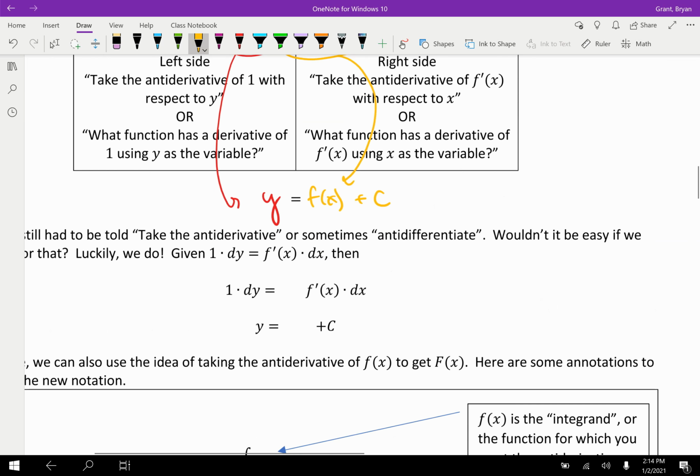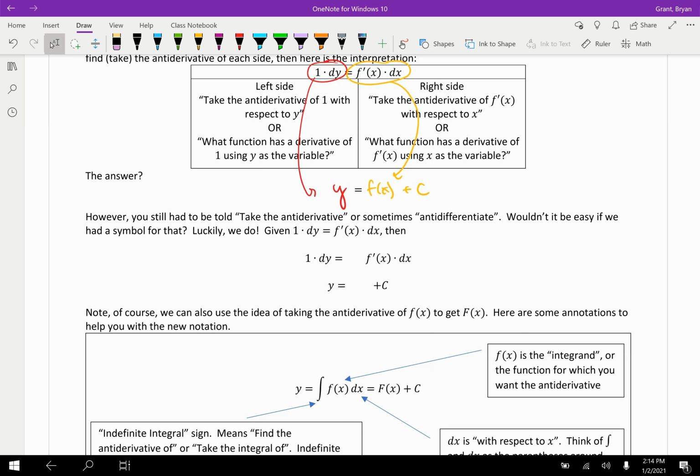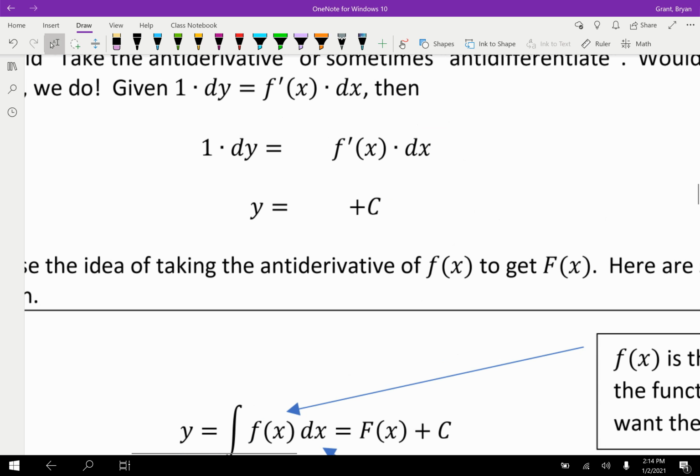Now, if we start here and we wanted a symbol to say take the antiderivative of each side, then we do have a way to do that. Instead of me writing "find the antiderivative," we use this cool little squiggly snake, kind of elongated S-looking thing that looks like this.